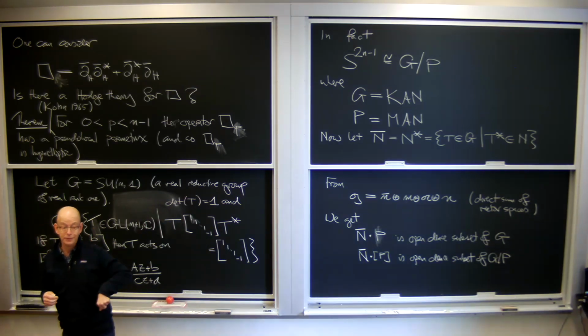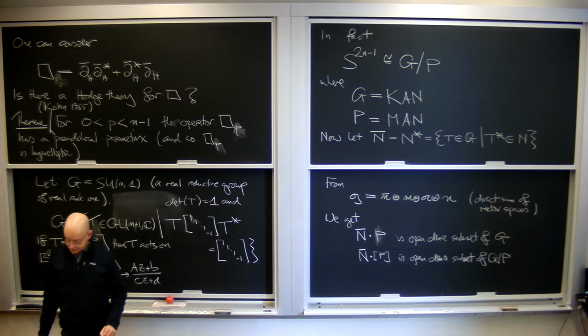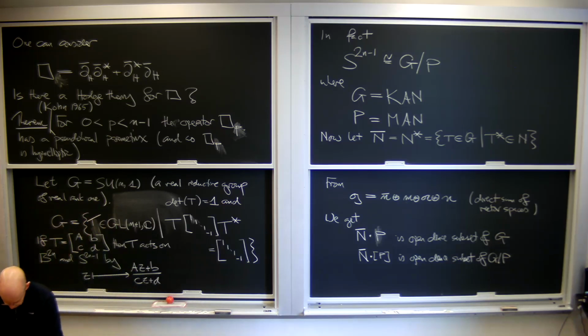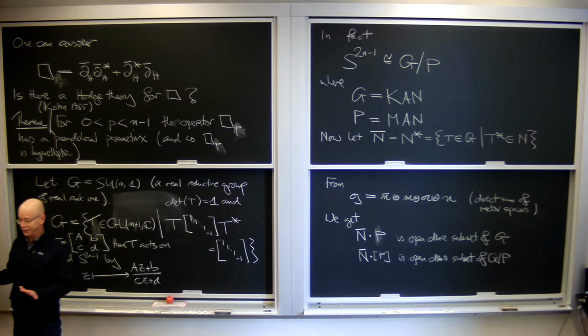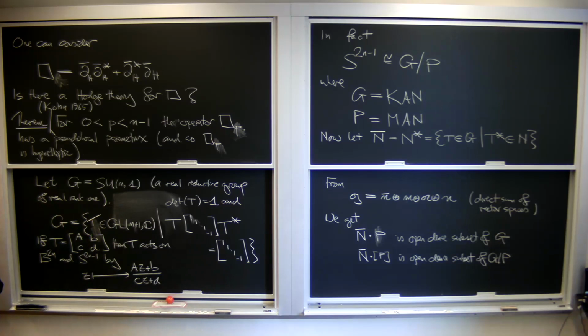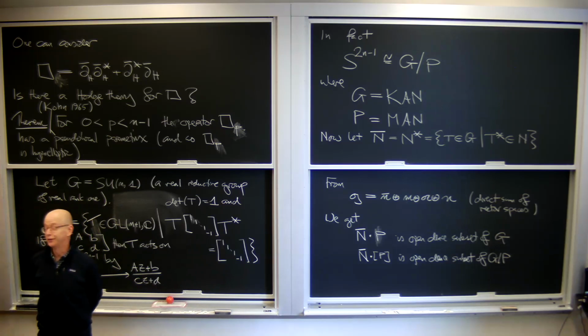If we were to drop down, maybe I don't want to do this. I'm just going to take it back. I was going to talk about an analogous story, but it involves a different group, and I think it'll just be confusing. It's like taking the two-dimensional sphere. Two-dimensional sphere is the Riemann sphere.